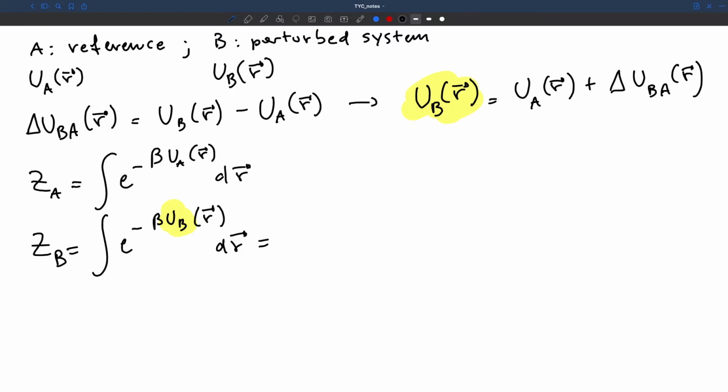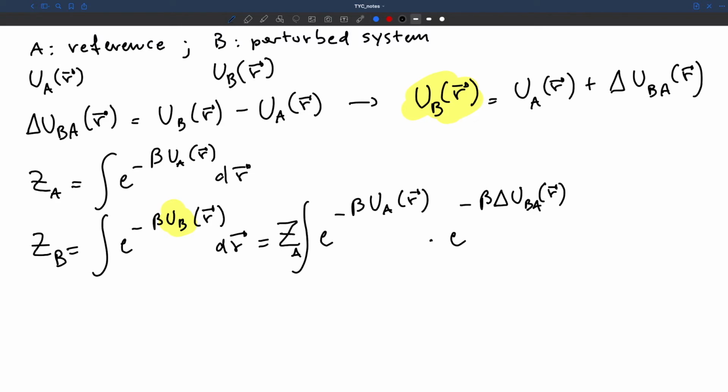So this configurational integral becomes e to the minus beta U_A times e to the minus beta delta U_BA. Now we can multiply and divide this quantity by the partition function of the reference system.